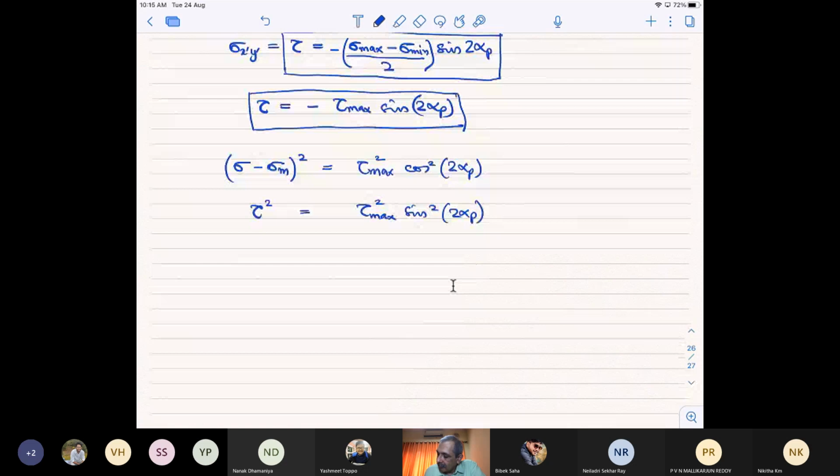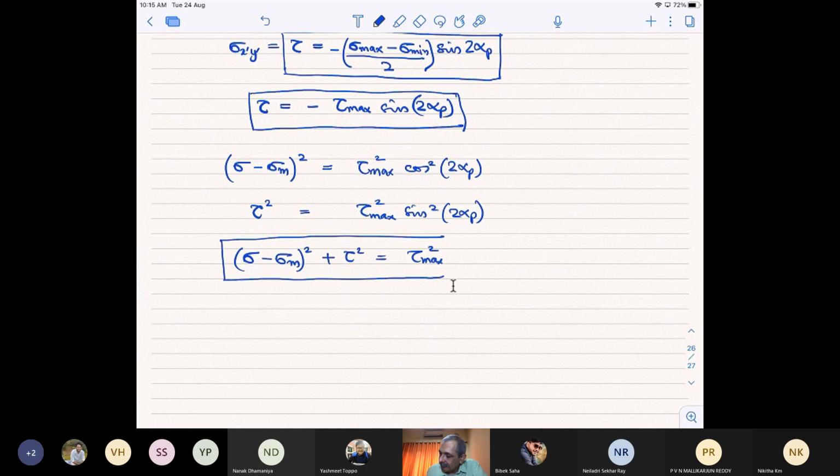If you add it up, you simply get sigma minus sigma m whole squared plus tau squared is equal to tau max squared. So is this an equation for a circle?